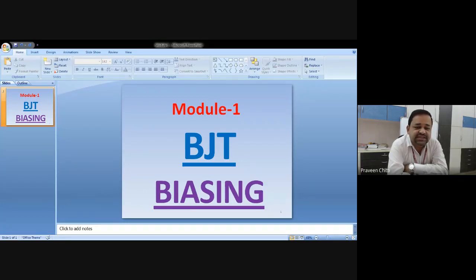As the name indicates, an NPN transistor is one in which a thin layer of P-type semiconductor is sandwiched between two N-type semiconductors. Similarly, a PNP transistor is one in which a thin layer of N-type semiconductor is sandwiched between two P-type semiconductors.